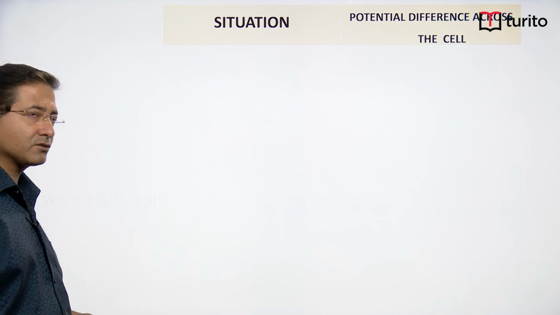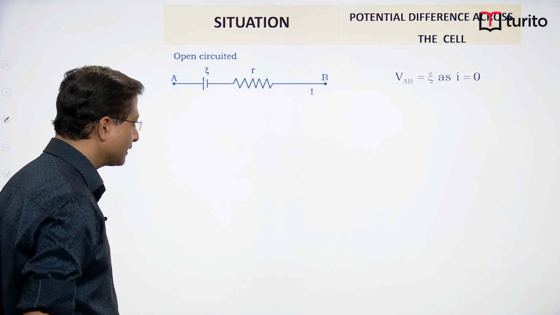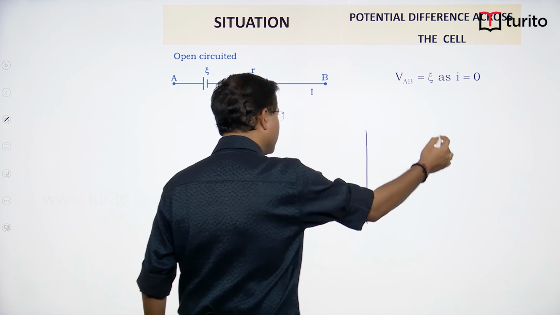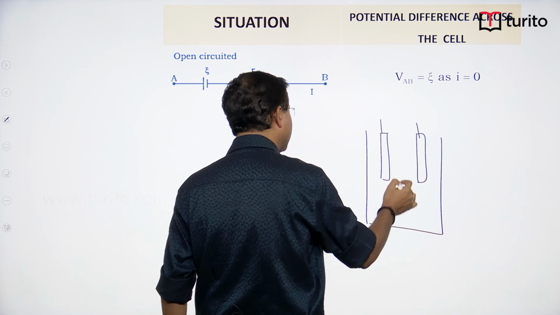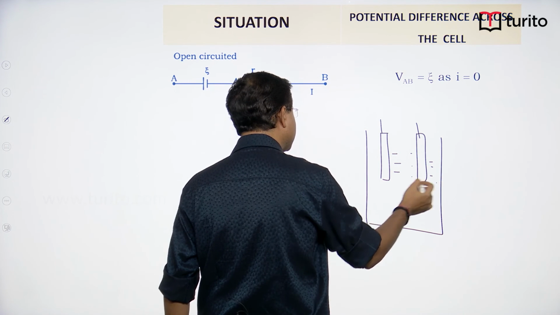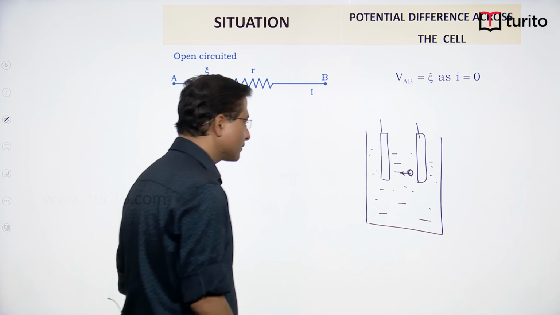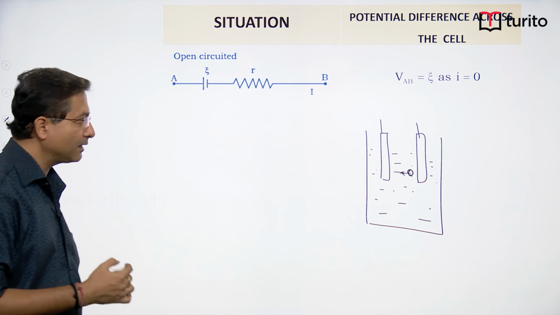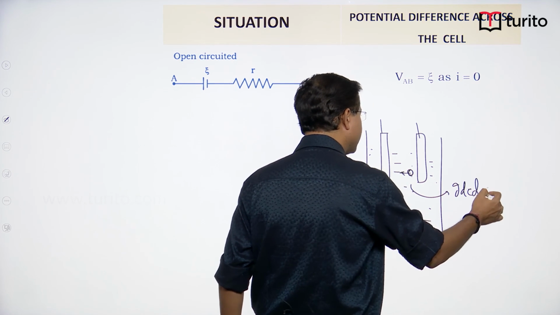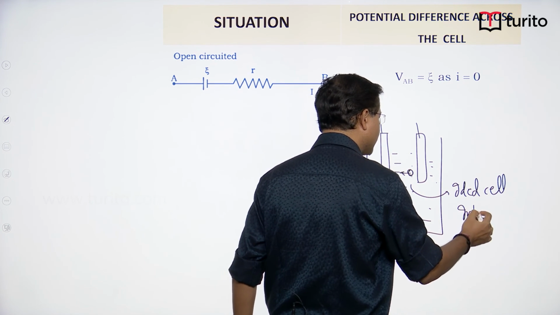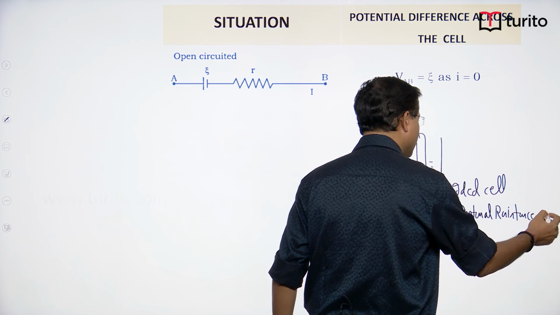So let us talk about some situations, then it will be more clear. If I have a cell, the first thing we have just seen is that the electrolyte offers some resistance to the flow of ions. Inside, the electrolyte is offering some resistance to the flow of ions, which we call internal resistance. So for an ideal cell, internal resistance is 0.